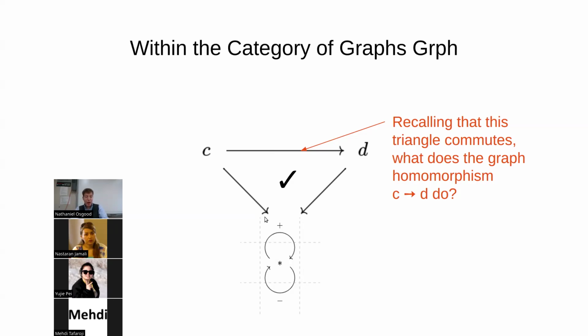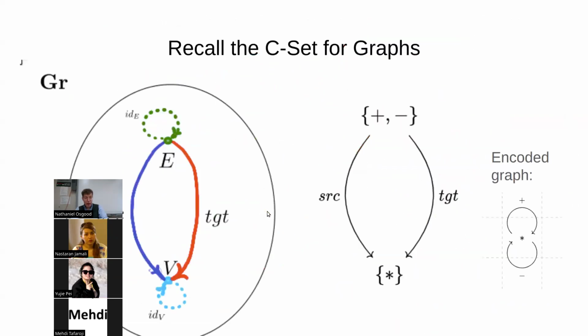Since you seem to be getting the gist of this, maybe I will ask, what if we had a thing where this was real numbers? Instead of plus minus, it was the set of real numbers.